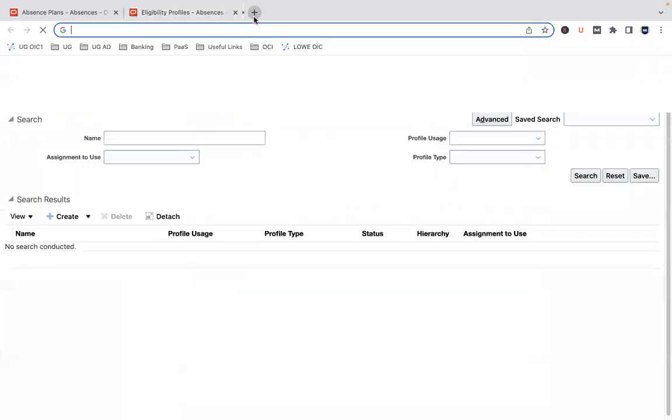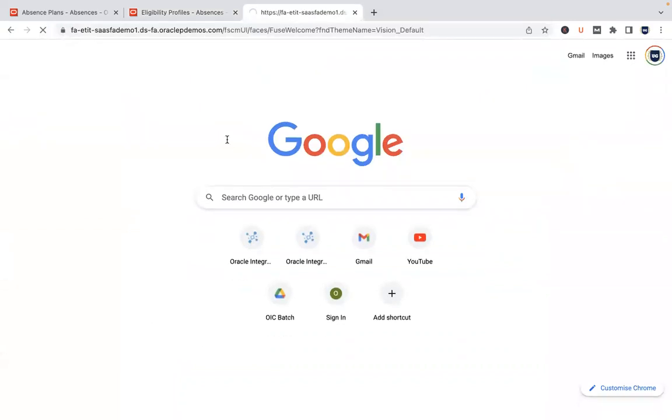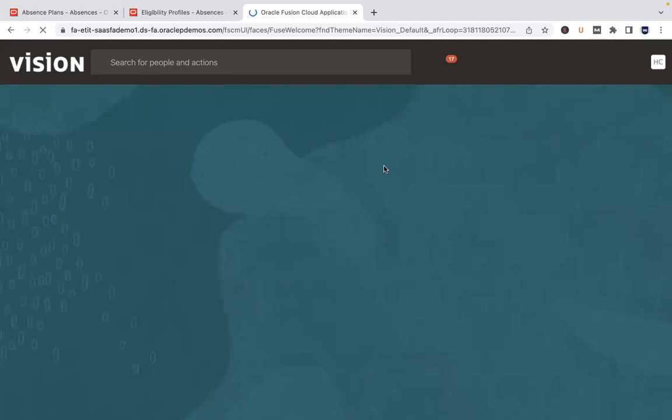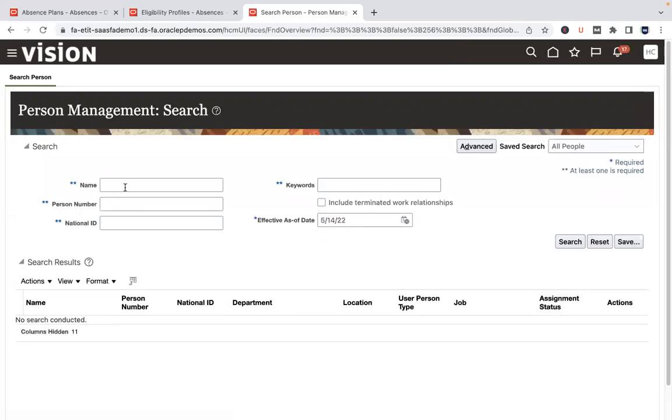You can create it. And I'll also open up a sample person record to show you what is the criteria we're going to plug in. Go to the person management screen and let's search for Casey Brown.